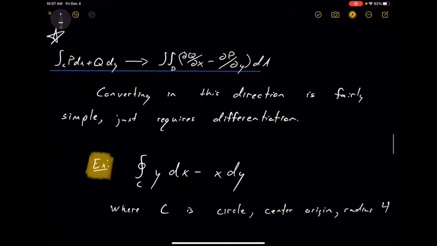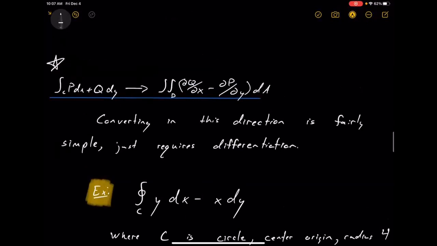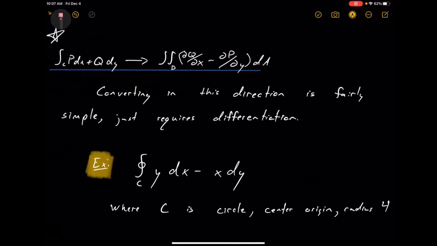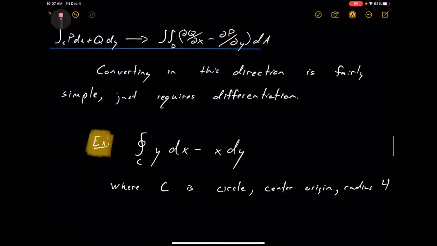All right, so let's talk about converting a line integral to a double integral, and this is the easier direction. A quick note on notation: you might see the integral symbol for these line integrals with a kind of loop in it.